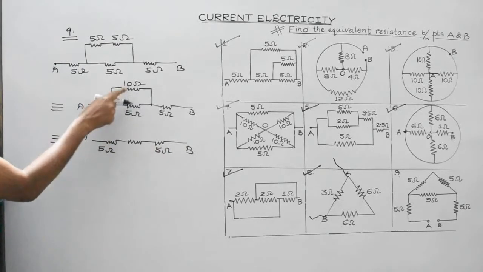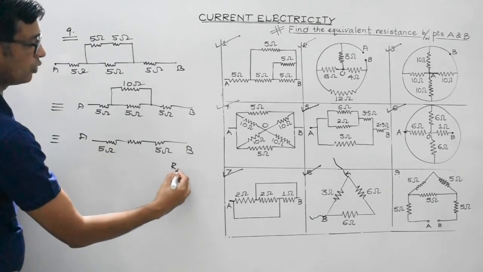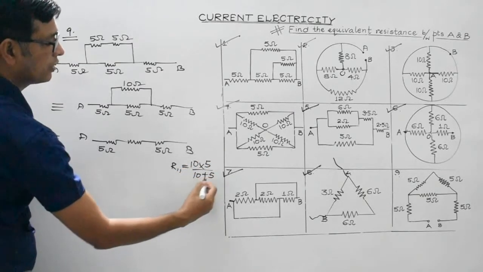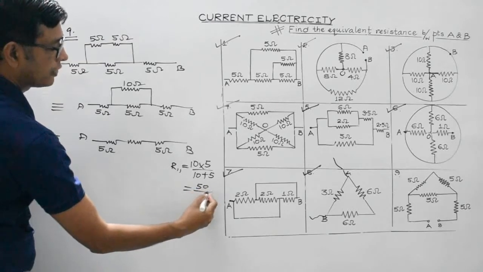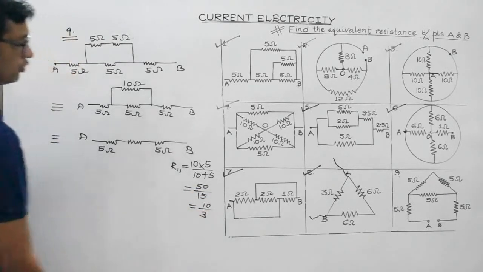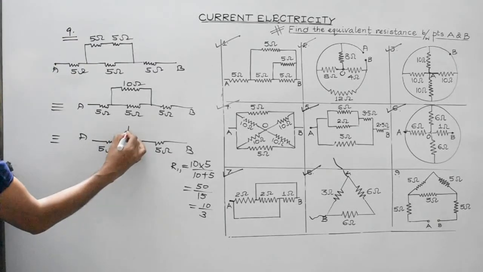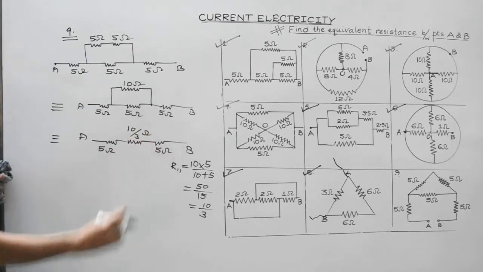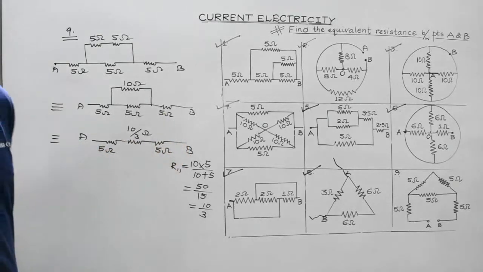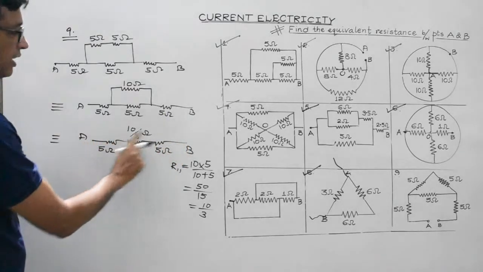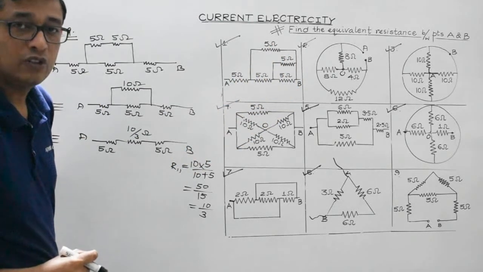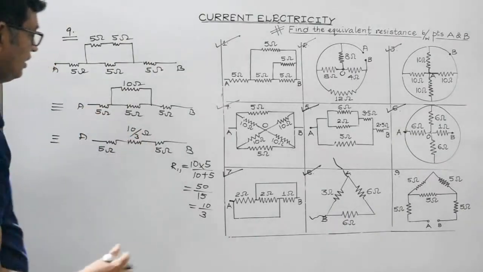Now these two are connected in parallel, so their equivalent would be 10 into 5 divided by 10 plus 5. So it will be 50 by 15, isn't it? So it will be 10 by 3. So it is 10 by 3 ohm. Clear, students? Now all these three resistors connected in A and B are connected end to end. Therefore, they must be connected in series.